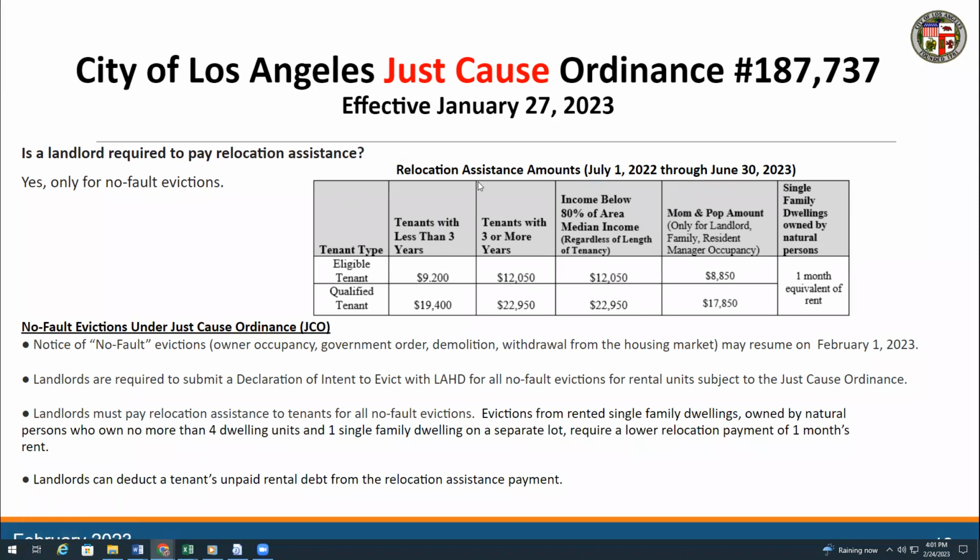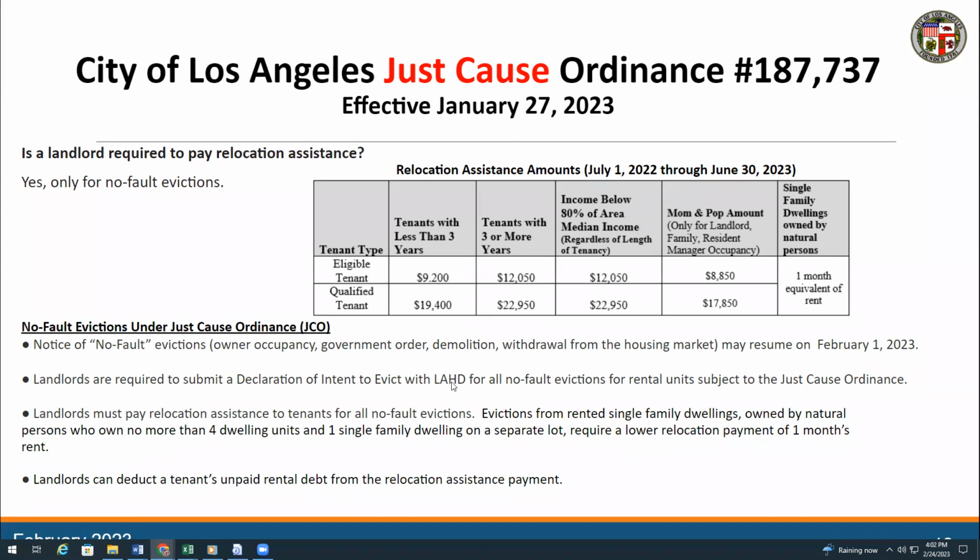Now, this grid gives an indication of what the relocation assistance amounts are from July 1st, 2022 through June 30th, 2023. Again, these are for no fault evictions. And on this grid, you'll see it broken out depending on the type of tenancy and the length of the tenancy.